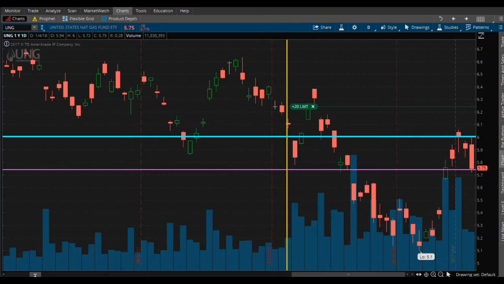One of the things you'll notice is that UNG did go all the way down to $5.10, and then there was a massive jump. Today we actually gapped up, and then we've been testing the lows ever since that massive gap up.